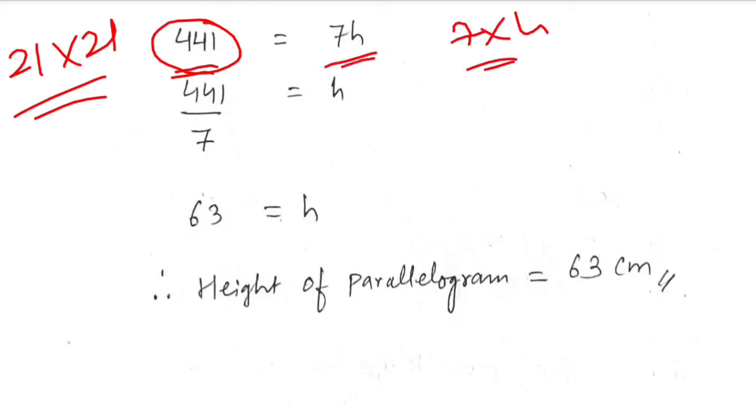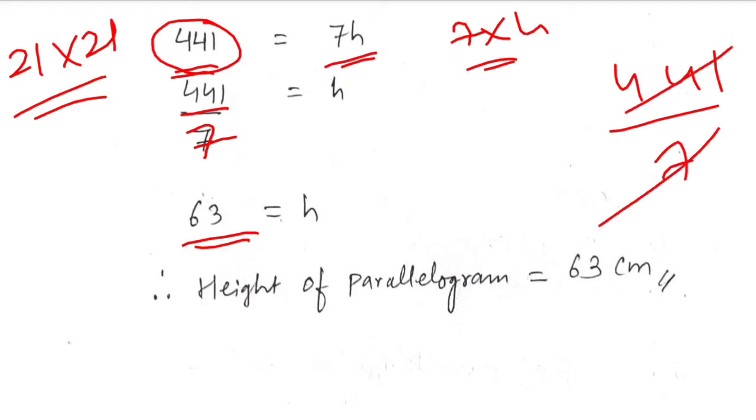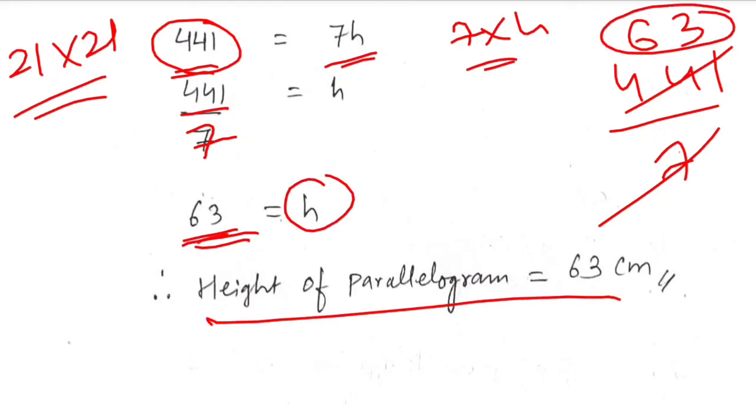Clear? Now h equals 441 by 7. Now when we cancel it, how much will we get? h equals 63. 441 divided by 7: 7 6s are 42, 21, 7 3s are 21. So the value of height equals 63. So this is your answer.